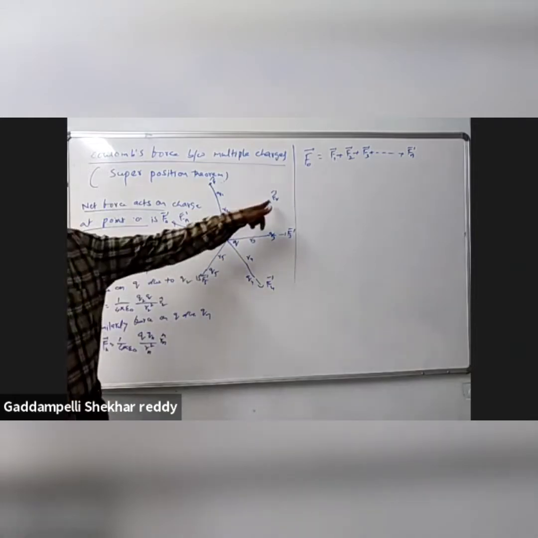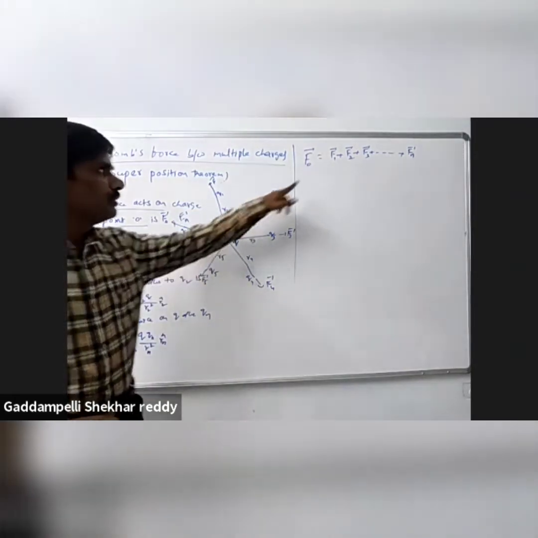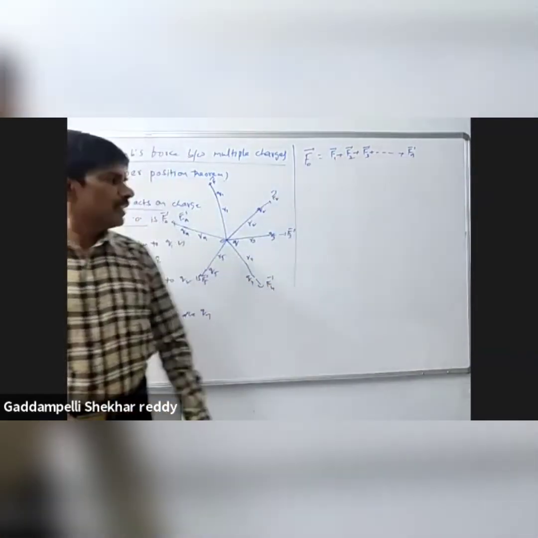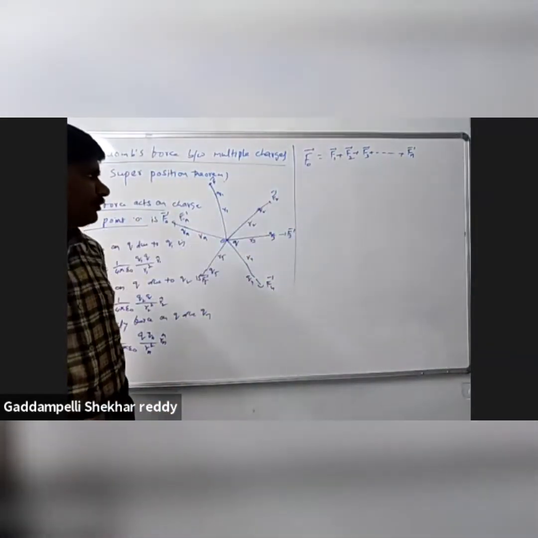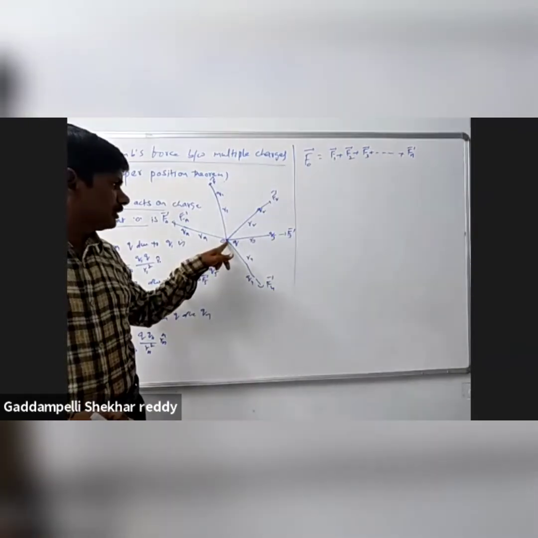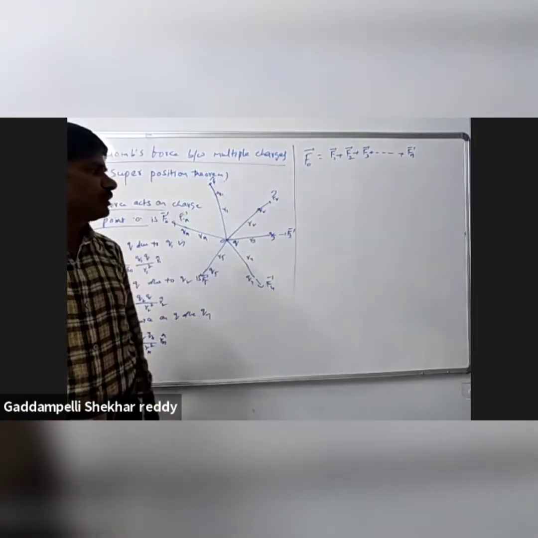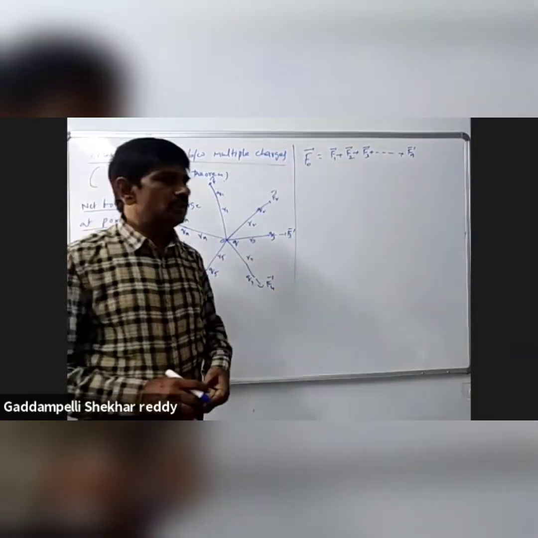Suppose any one of the charges is negative, then it is considered with the negative sign. Here all are positive, so the forces are repulsive. So this is the superposition theorem.